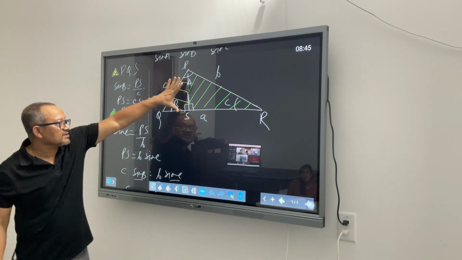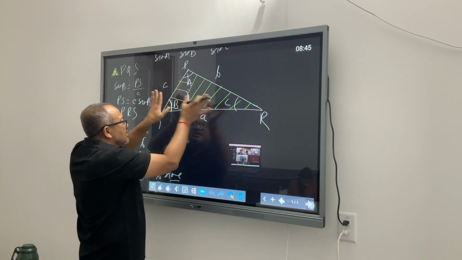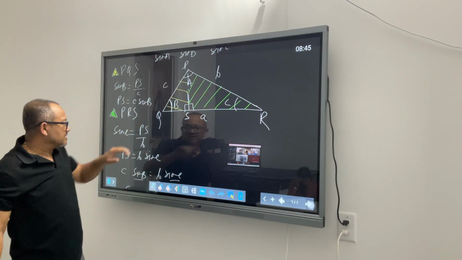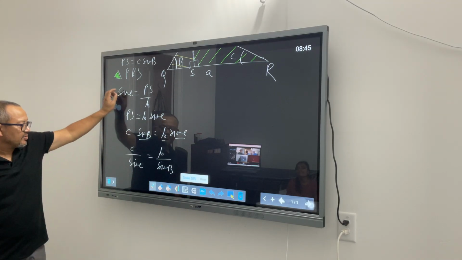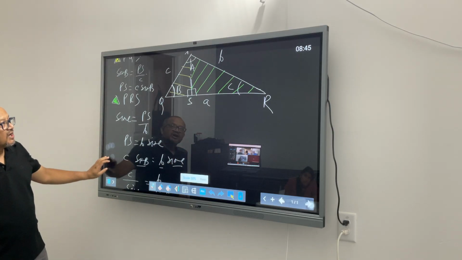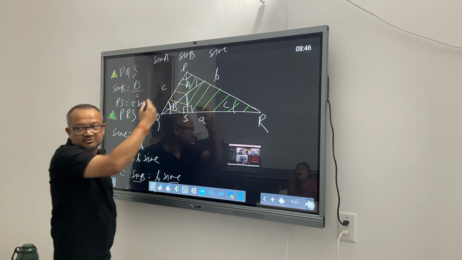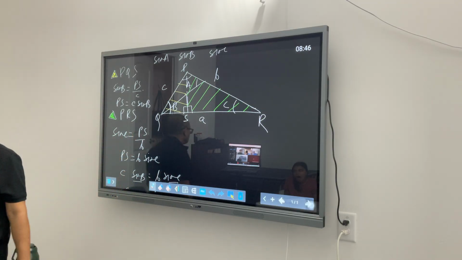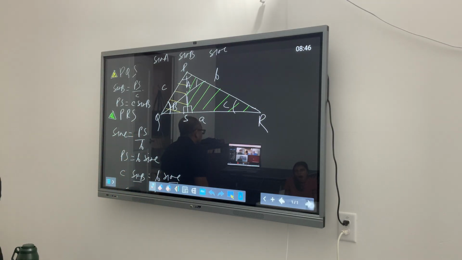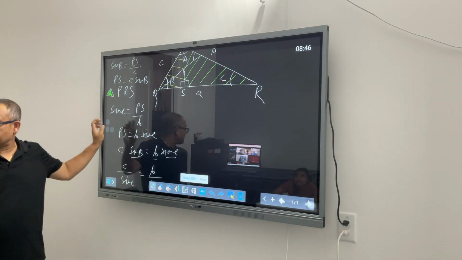Since this is the common side between the two triangles, I am just matching them, which gave me C by sine C equal to B by sine B. Likewise, we can pick another combination, drop a perpendicular, do the same stunt, and find it. That is why the law of sine can be believed, because we saw it happening.